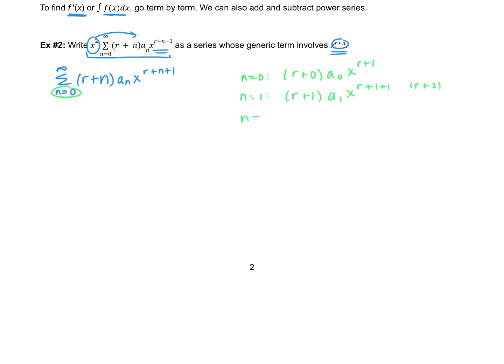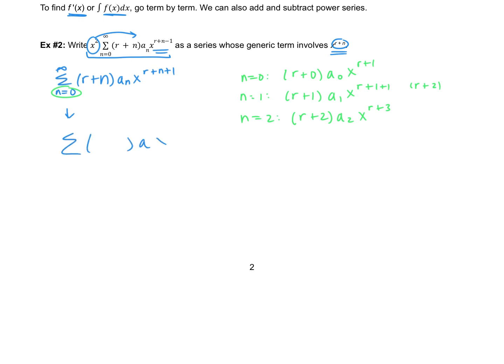And then let's do one more. If we substitute in n equals 2, we're going to get r add 2, a to the 2, x to the r add 3.